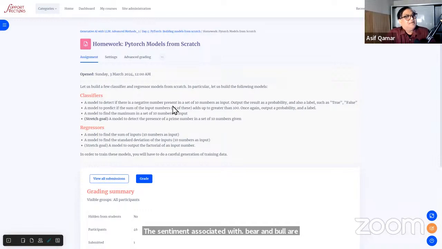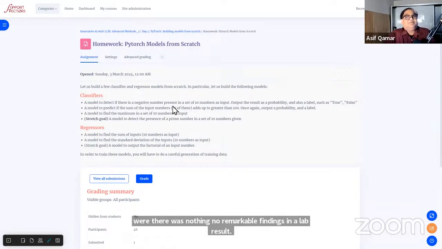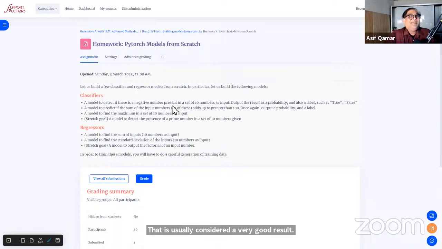And a similar thing that Sukhpal here will appreciate: if you have a patient and you say there were no remarkable findings in a lab result, that is usually considered a very good result. It means that the patient is completely healthy, because any finding worth remarking usually means to a physician that there's something wrong, right?